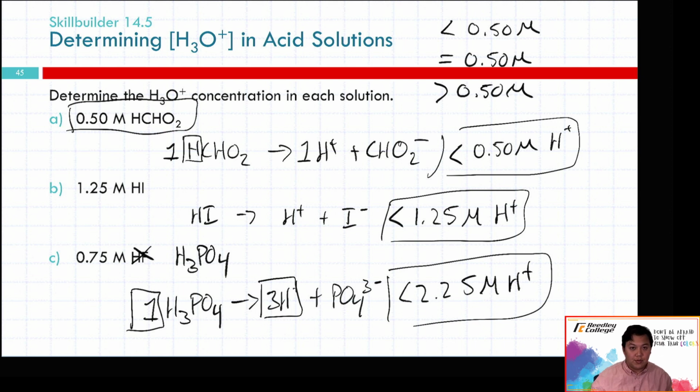And then since there's only three, I'd probably make up some sort of joke like IDK, don't ask me. That's the kind of question that you would get with these. What I'm trying to look for there is whether or not you can identify weak acids. Or it could be a strong acid, right? One of these could be a strong acid, and then it would be equal to 0.50 molar. You're never going to get greater than 0.50 molar.